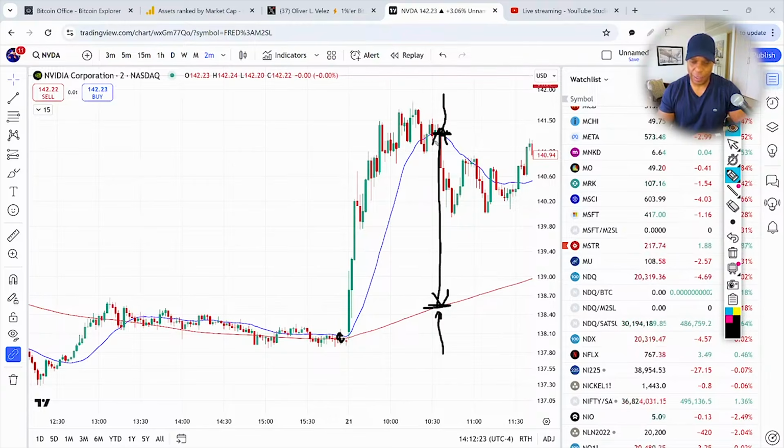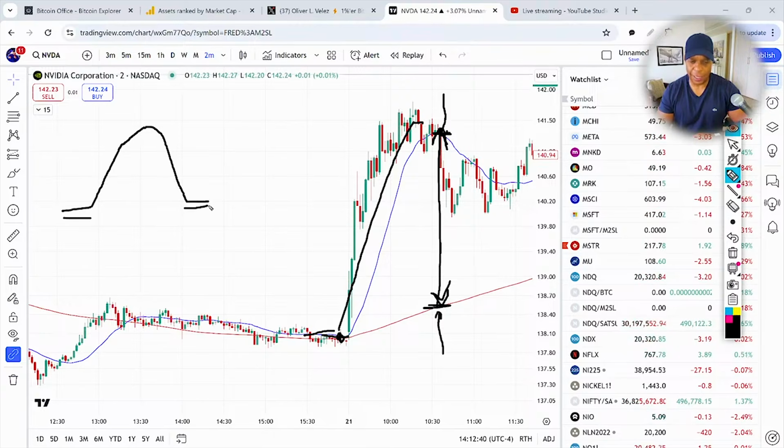Wide state here. Look at how wide the space is between the two moving averages. So we went from narrow to wide. And all markets do, guys, is go from narrow to wide, back to narrow again. Sometimes they go narrow to wide down and back to narrow again.